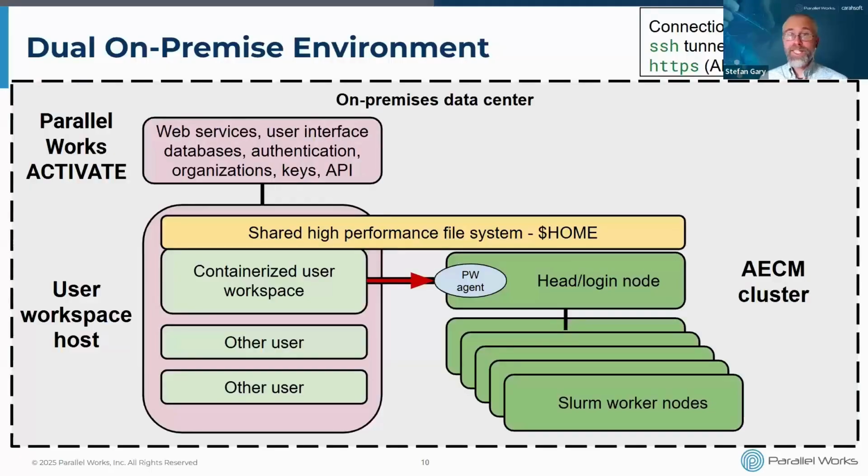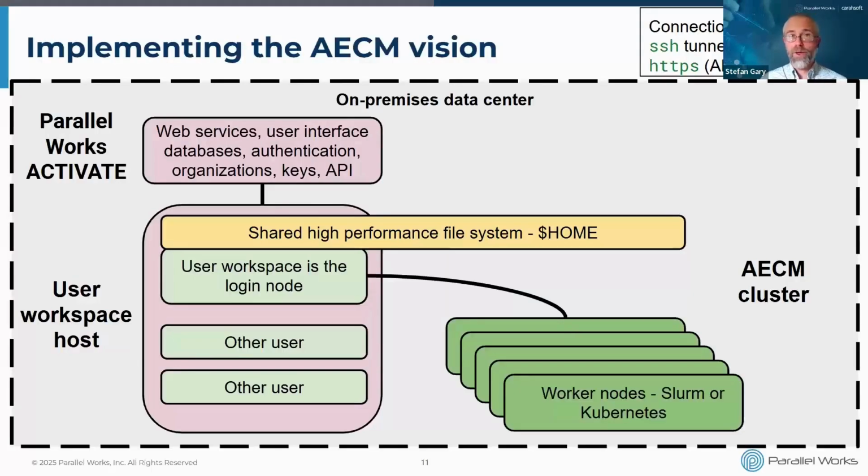What we're really excited about is going one step further and enabling scaling by replacing those personal login nodes with the containerized user workspace. That's this second diagram, where the user workspace through Activate is the login node.